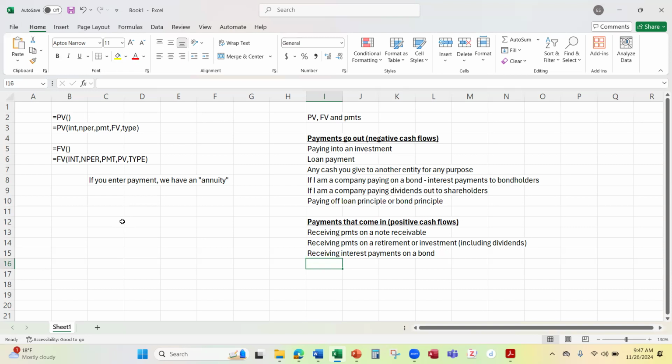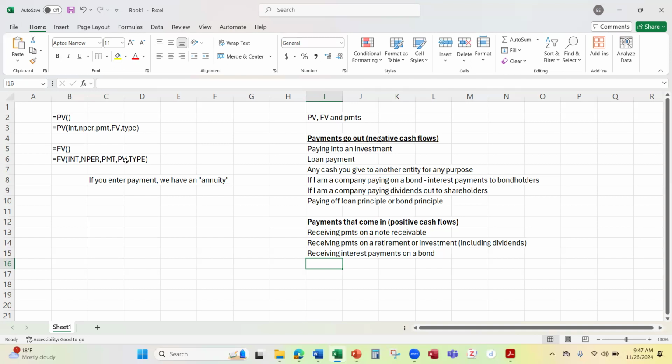Let's say I want to figure out the future value of something. If I put payments as positive and I put present value as positive, that's going to imply that someone is paying me something today, and then I'm also receiving a stream of payments over time.